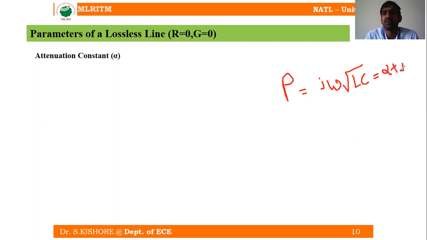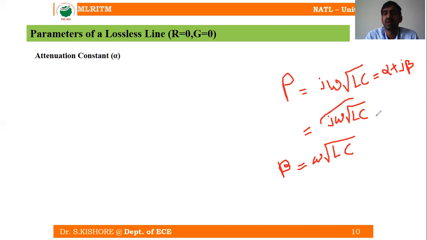We have already derived the value for beta just now for a lossless line: beta is equal to omega root over LC. And P we already derived, that is j omega root over LC. So from this we can easily write alpha plus j beta, this is the value for j beta, so alpha is nothing but 0.